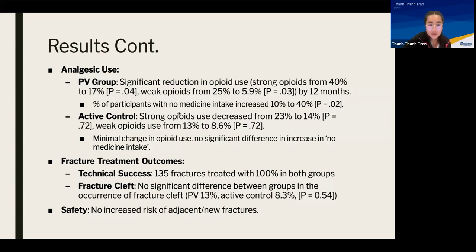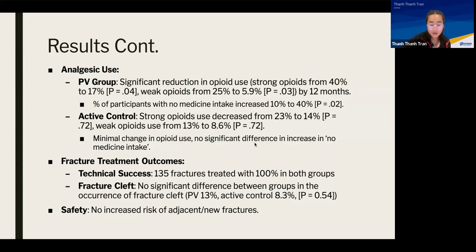On the other hand, for the active control group, strong opiate use went from 23% to 14%, and weak opiate use went from 13% to 8.6%, with a p-value of 0.72. So it's a minimal change in opiate use with no statistically significant difference. There was also no significant difference in the increase in no medicine intake.